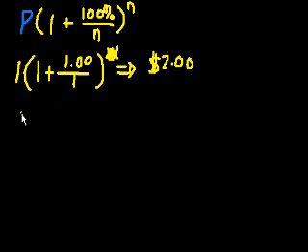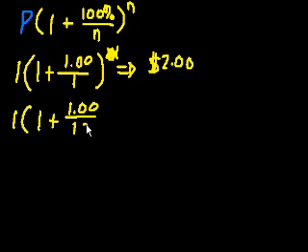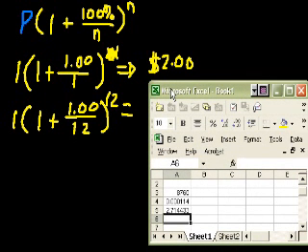When we compounded it every month, it turned into this. The principal you borrowed was 1 times 1 plus 100% over 12, to the 12th power, which equaled, let's see, I erased the numbers, so I will redo it.